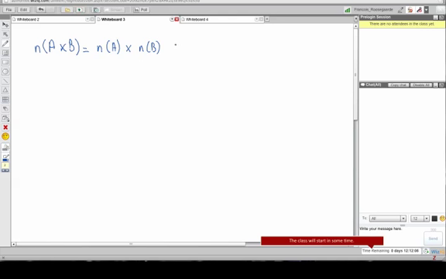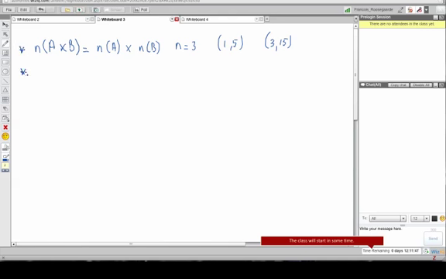In our case, if n were 3, the pair (1, 5) would turn into (3, 15). Both are tripled. Well, this is really obvious.